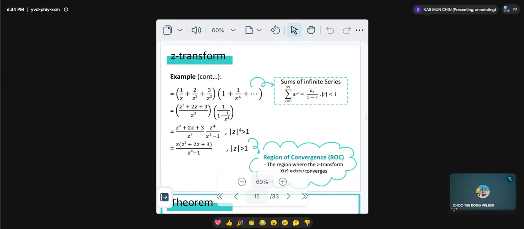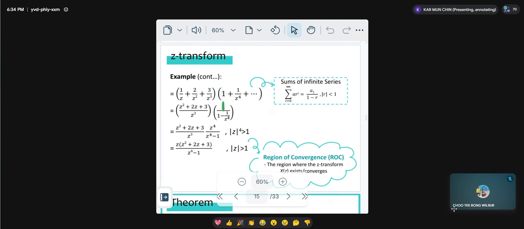When you have the sum of an infinite series, you can apply this formula. How we look at this: the summation of this series equals A1 over 1 minus R. A1 is the first term; when you have a small one here, it means the first term on top. So in this sequence, the first term is 1.